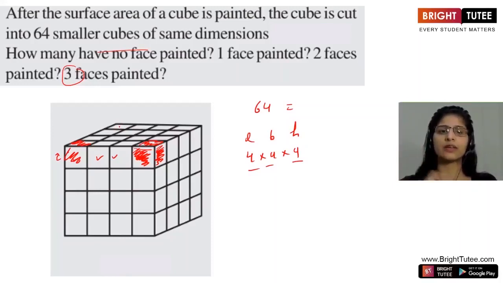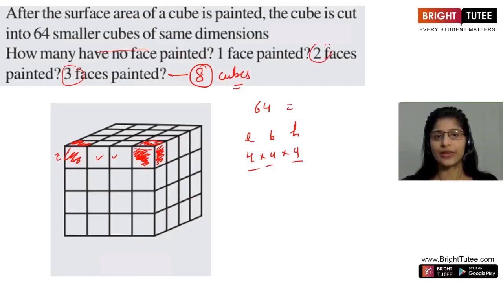So for all the corner cubes, all 3 faces would be painted. So what is the answer for 3 faces painted? It is 8 cubes.